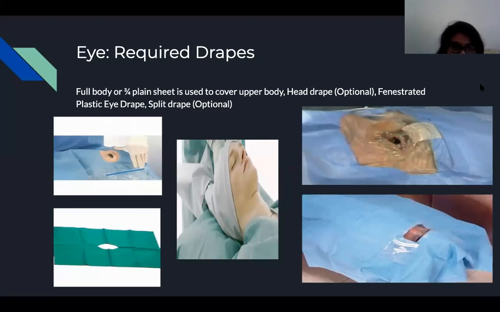It's used to cover the upper body. The one in the middle is a head drape. The 2 pictures on the right side show the fenestrated plastic eye drape, and there's a close-up of how it looks. One side is sticky and it sticks to the patient's skin and eyelash.